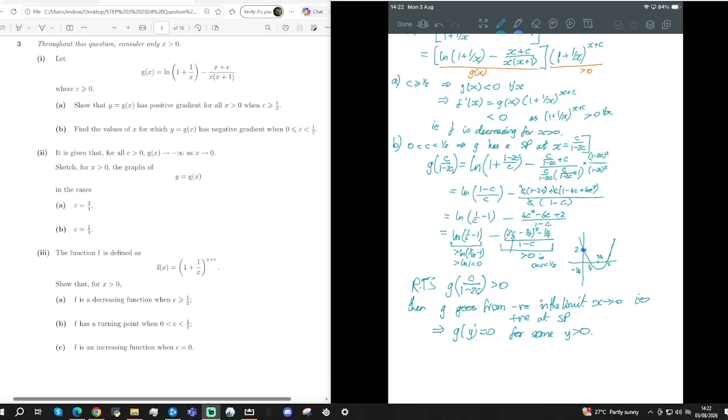I've gone from negative to positive, so there is a solution somewhere in the range, which would mean that f dashed at y would be 0 times the thing that can't be, which is the thing that's always positive up here, i.e. f has a stationary point.